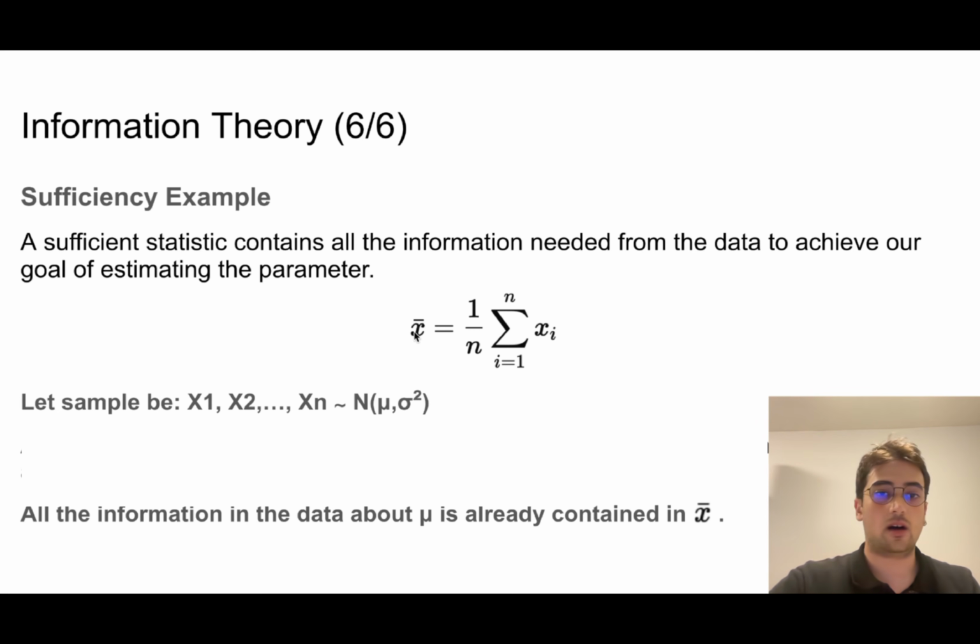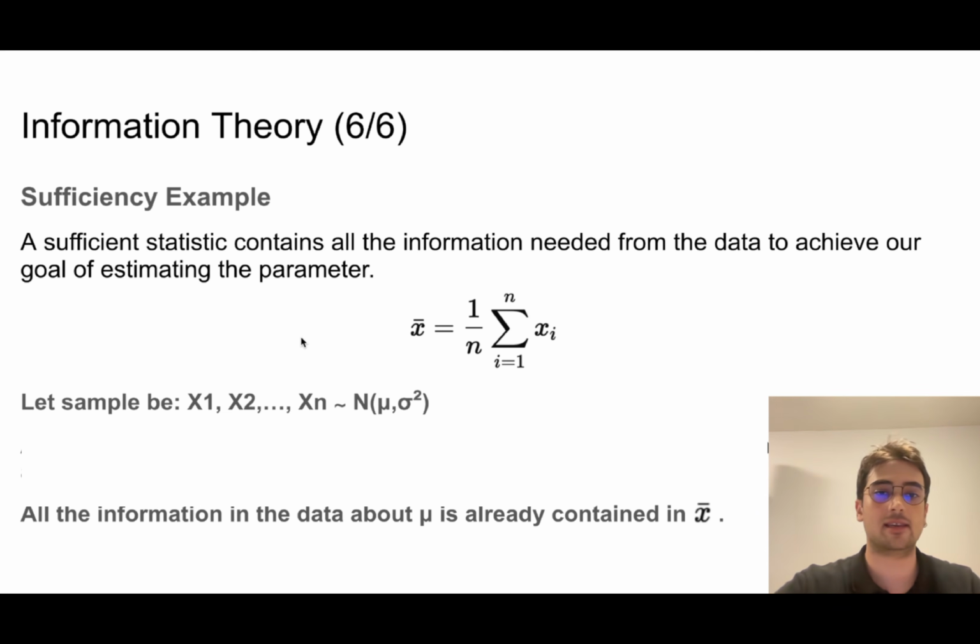So yeah, let's say you already know x bar, or the average of the data, right? And let's say you have data x1, x2, up to xn, sampled from the normal distribution with a mean value of mu and a variance of sigma squared. So let's say you already know the mean, then you can already guess the mu, right? Because they are basically the same thing.